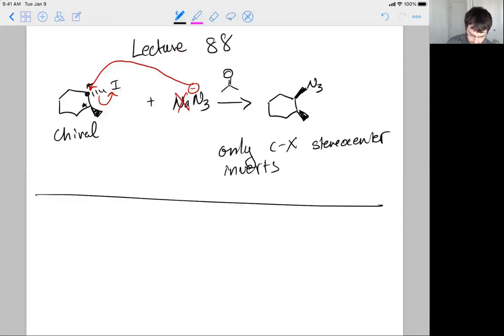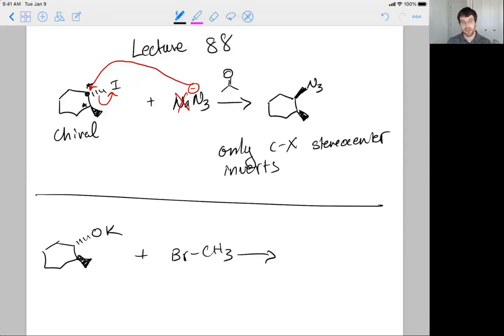Okay, let's change things slightly. Let's say that I've got my molecules sort of flipped around. So instead of having the stereocenter on the electrophile, the stereocenter is now on the nucleophile. So we have two stereocenters. This is our nucleophile.